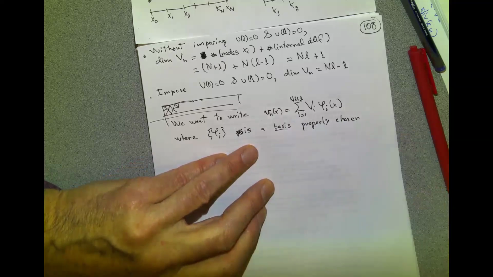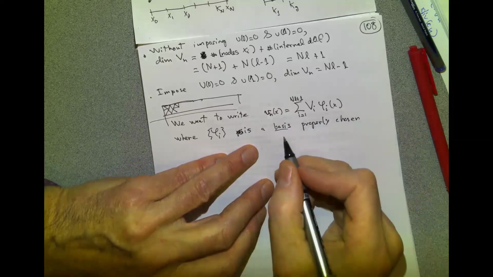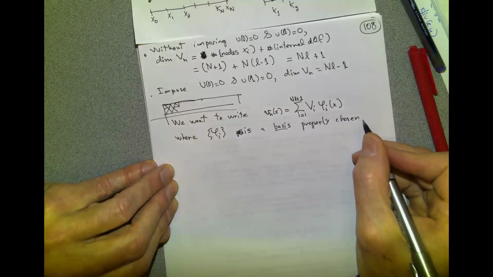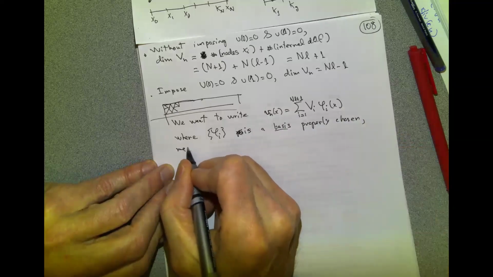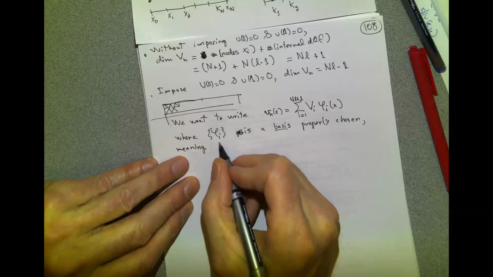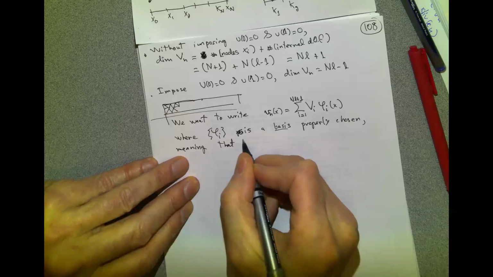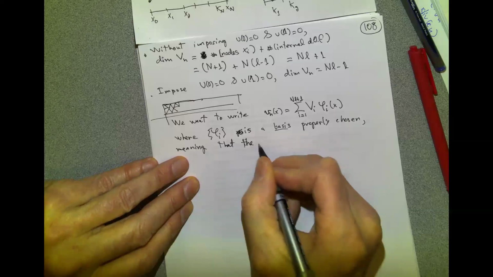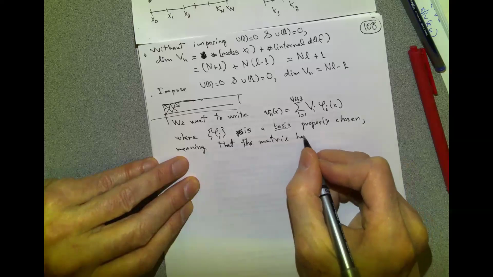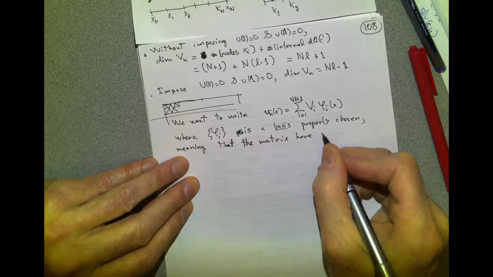That's the thing we want. Properly chosen means that the global matrix has to be sparse.